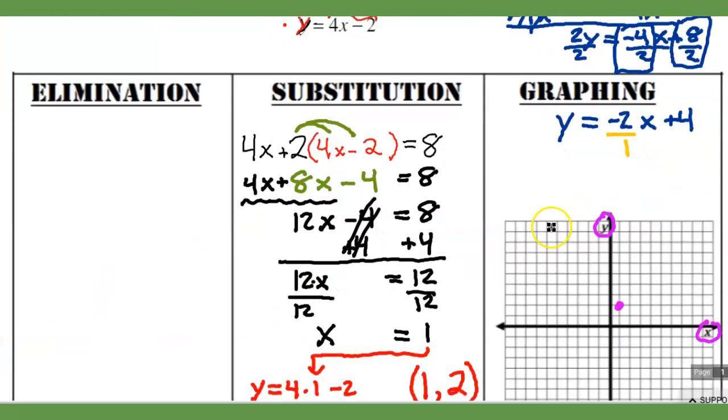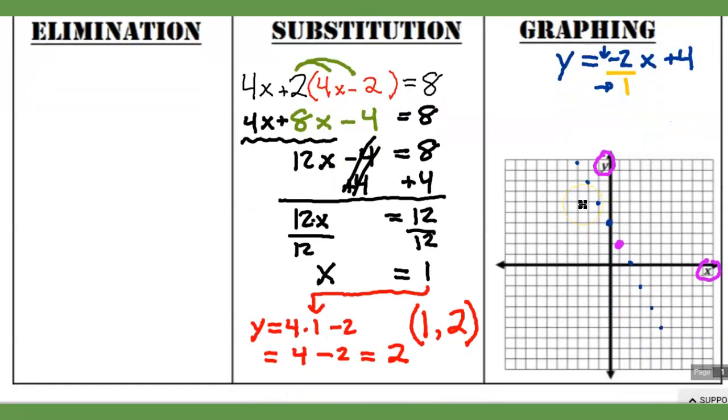So you can start at +4, which is right here, and then go down 2, right 1, and really quick, we're at our solution at 1, 2. But continue it anyway, just to get that straight line. You can also reverse it and go up and left. Use a straight edge if you have one handy.